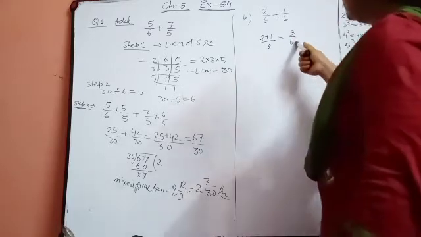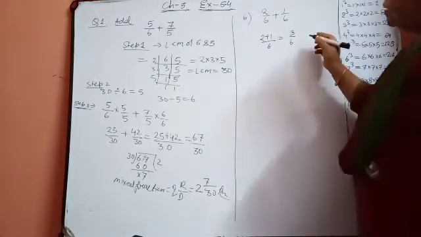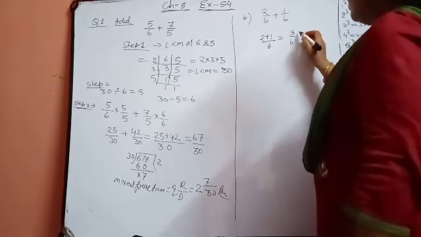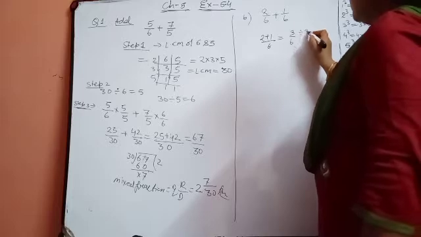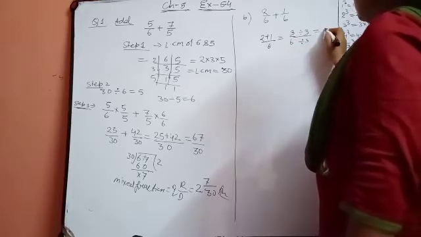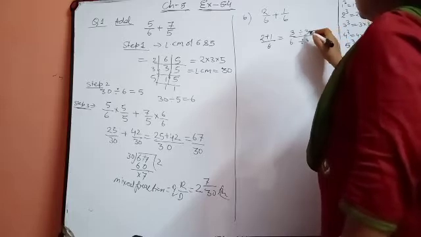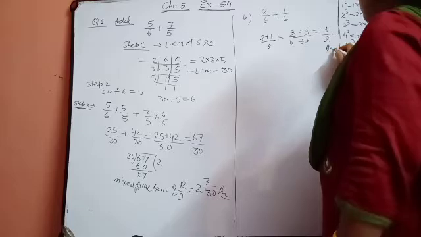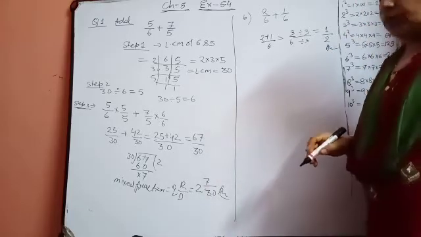Now 3 and 6 both come in the table of 3, so it can be converted into simplest form. Divide numerator and denominator by 3: 3 threes are 3 over 3 twos are 6. 1 upon 2 will be your answer. Part B you will do like that.